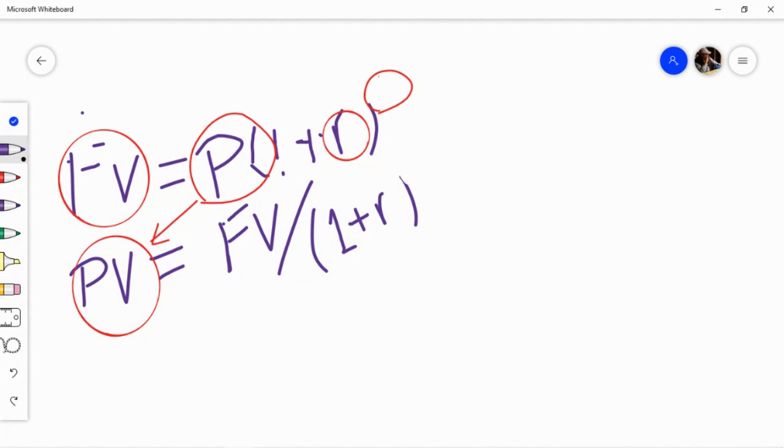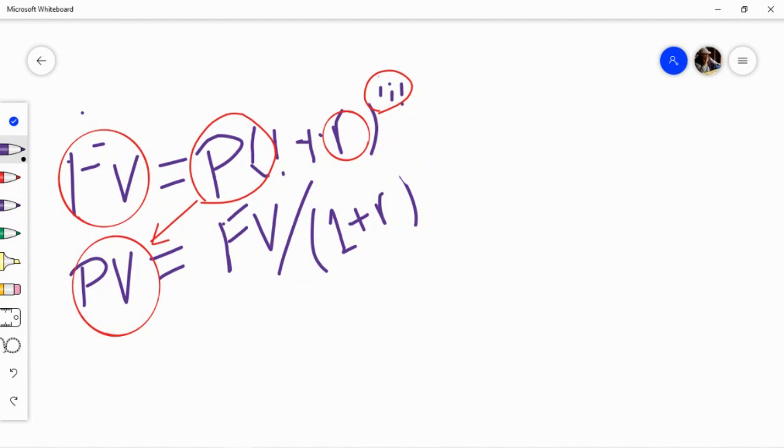N is a more generalized symbol than T, because T is time, and T is expressed in years, or months, or weeks, or days, but in compounding, it is usually in years.